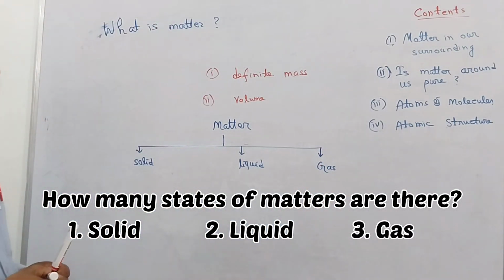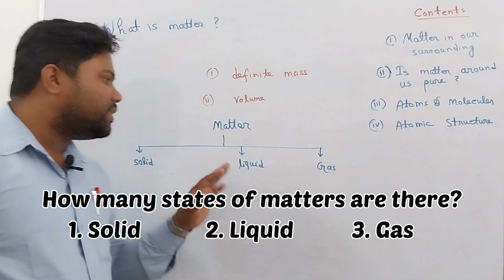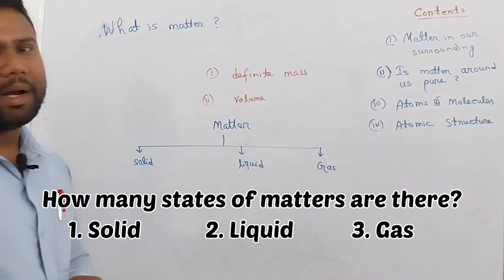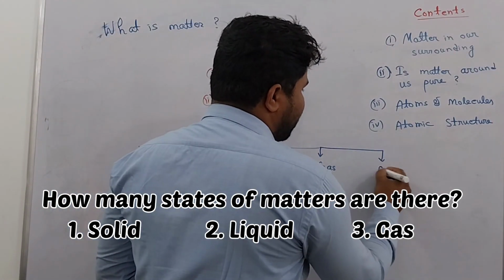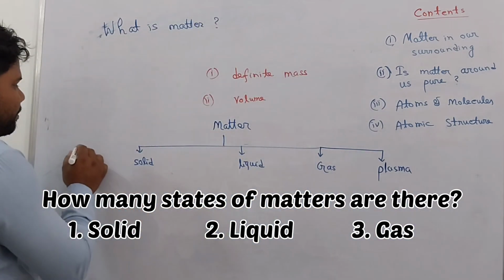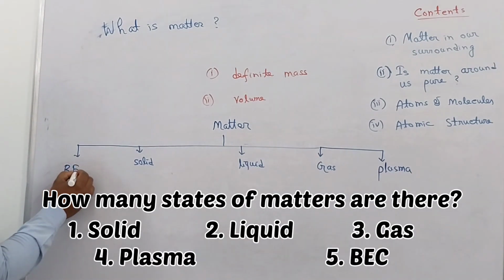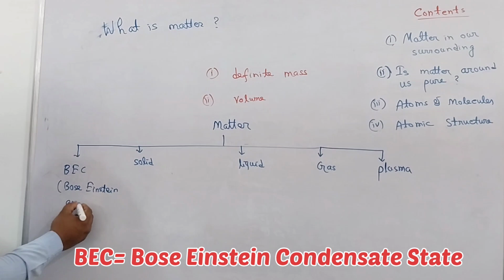So there are 3 states of matter on the surface of the earth. Besides these 3 states, 2 more states of matter are present. The fourth state is plasma, and the fifth state is BEC. The full form of BEC is Bose-Einstein condensate state.